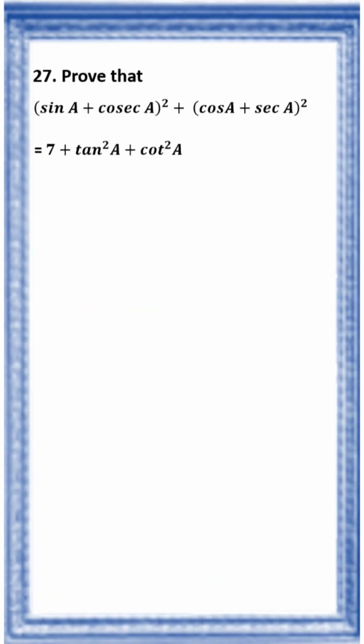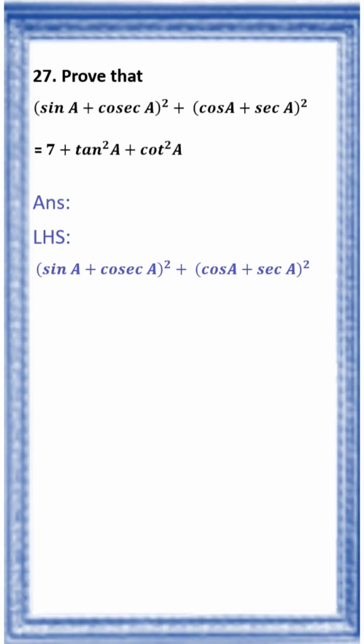Now 27th question. Prove that sin A plus cosecant A the whole square plus cos A plus secant A the whole square is equal to 7 plus tan square A plus cot square A. Now the LHS is sin A plus cosecant A the whole square plus cos A plus secant A the whole square.